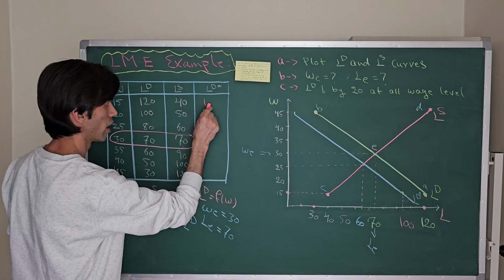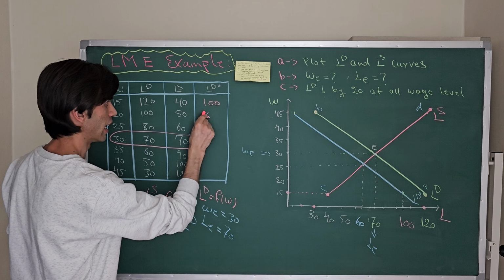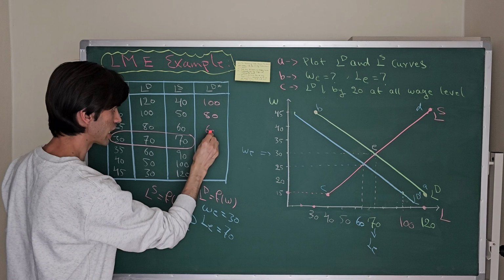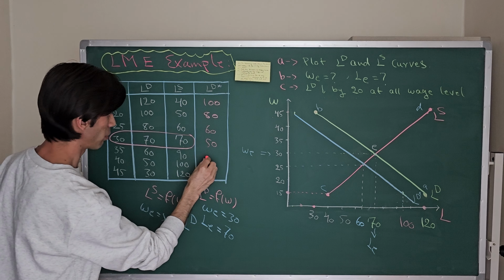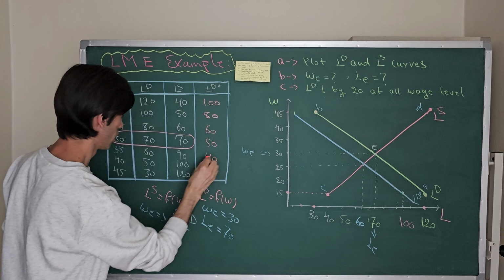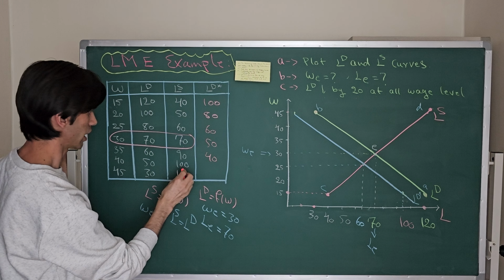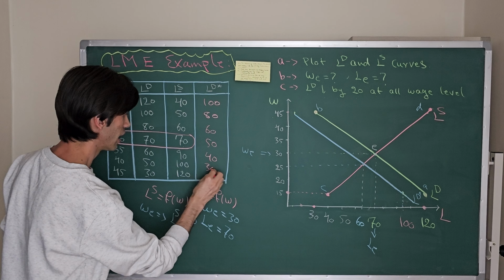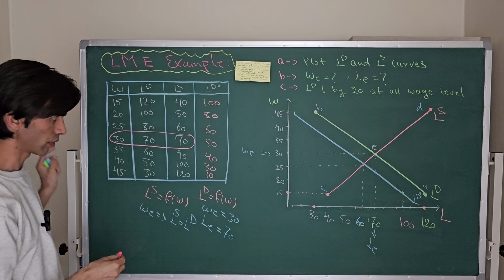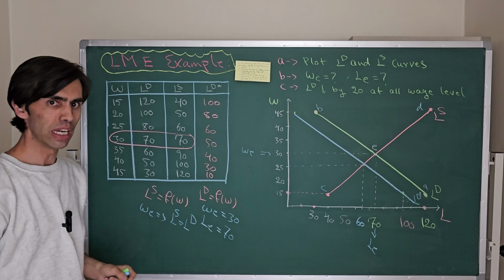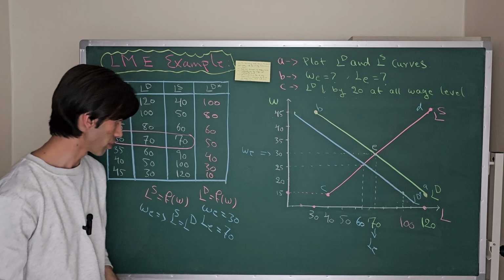So it will be 100, 80, 60, 50, 40, 30, and 10. So this is the new value for the labor demand.